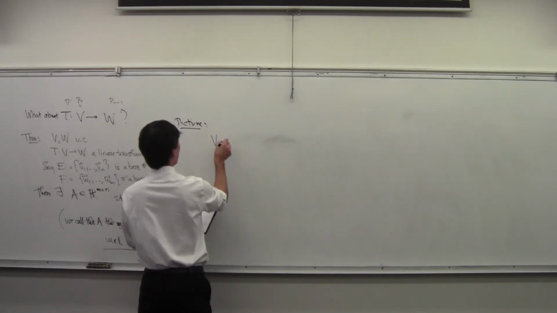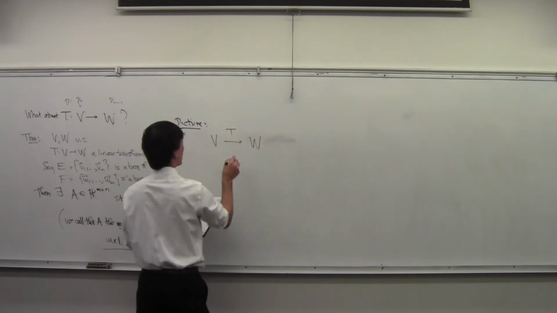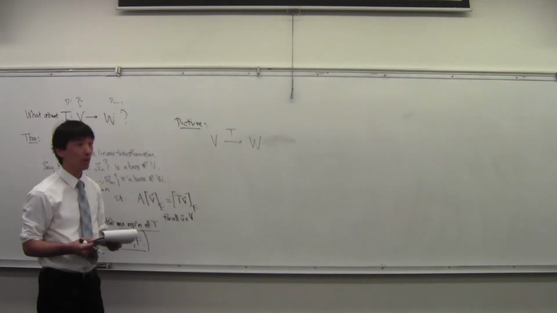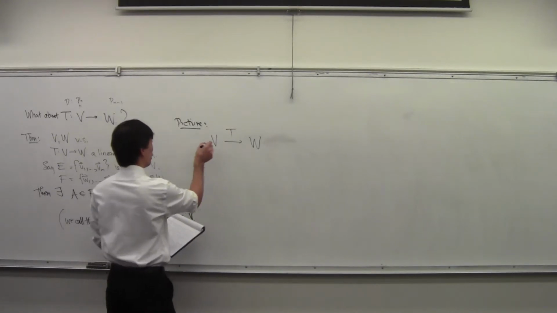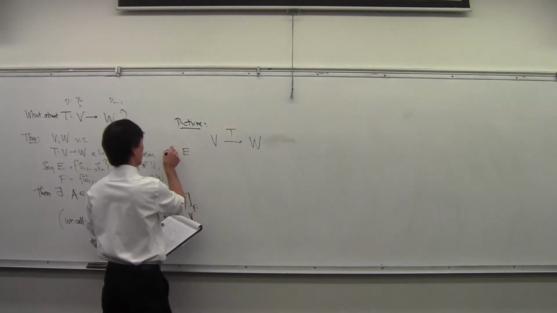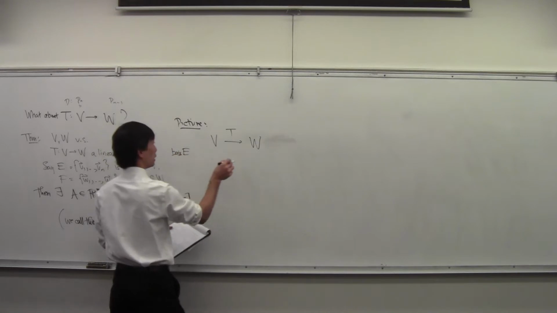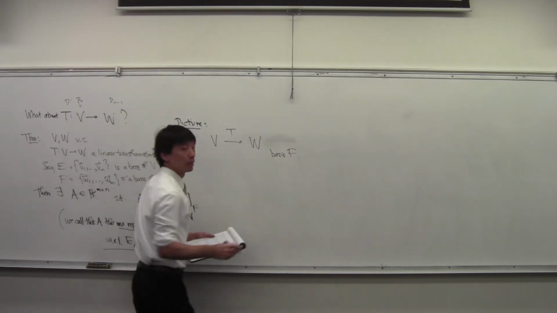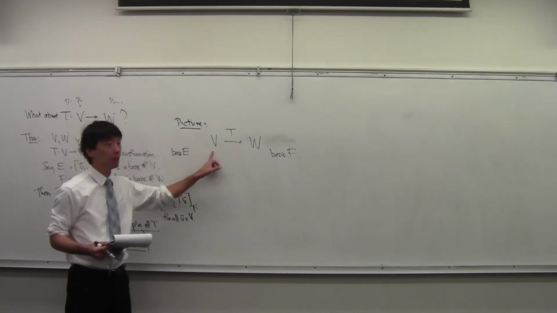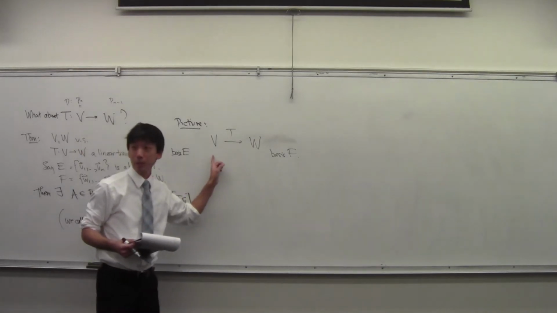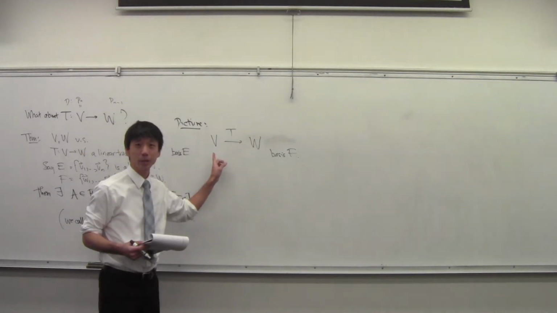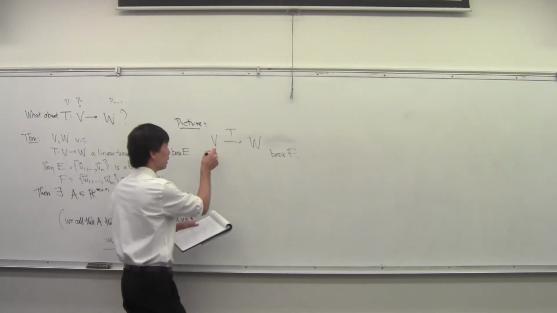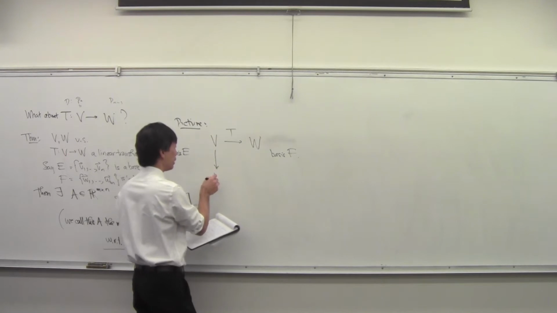You've got V and W, and you've got your linear transformation going from V to W. Now, V has a basis E, W has a basis F. Every time you have a basis, that gives you the coordinate vector map.